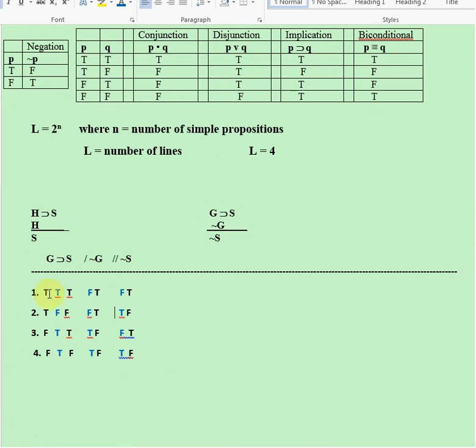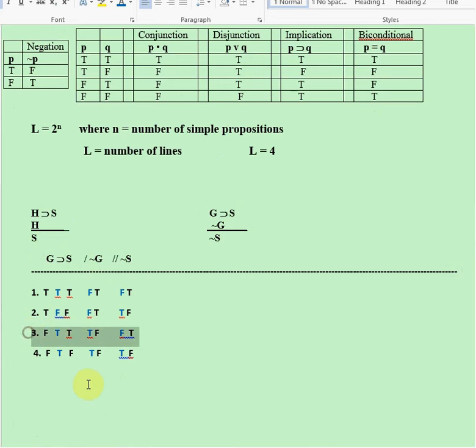Okay, well, let's see. Everything is in blue, so what we're looking at is in blue. In the first line, we have T F F. There's no problem there, no violation of validity. Second line, we have F F T, no problem there, right? No violation of validity. Third line, T T F. Oh, look at that.